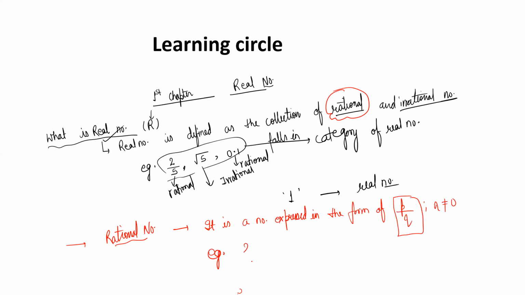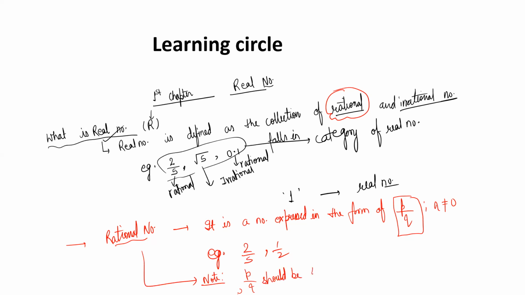If I give you an example, this would be 2 by 5. This is a rational number. This is 1 by 2. So these all are rational numbers. But before this, I will have to make a note that p by q should be in simplest form.